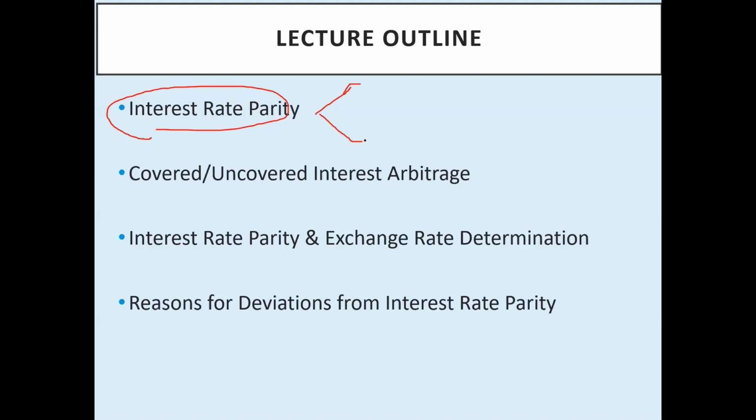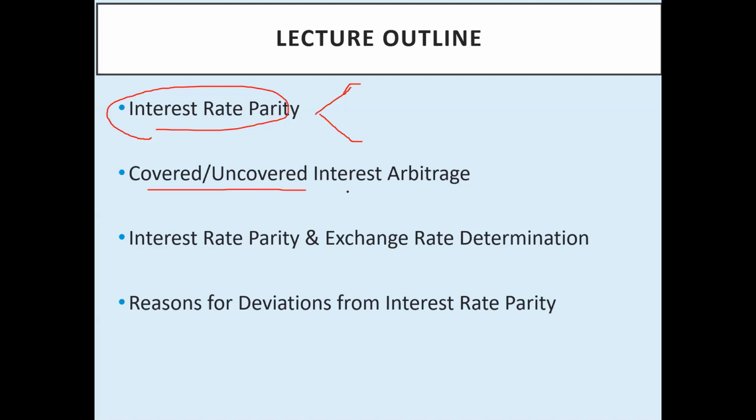Through that exercise, we were using the arbitrage strategy to prove that the condition should hold, okay? So in this lecture, we're going to be using arbitrage pricing to prove the interest rate parity condition, okay?